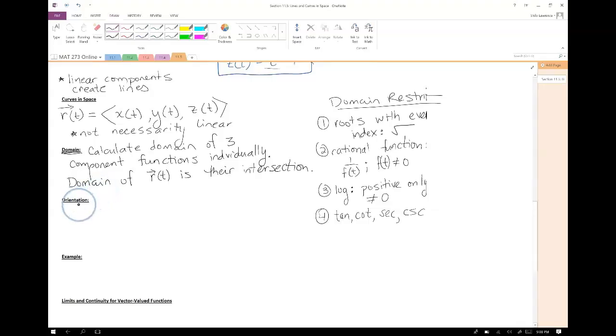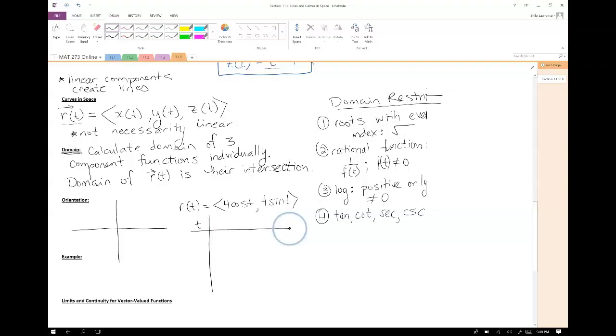These curves in space also have something called an orientation. Since they're represented by vector-valued functions, remember that vectors always have to have a direction associated with them. If we have a vector-valued function with components 4 cosine t and 4 sine t, we can draw it by picking values for t and calculating the x and y values that go with it.